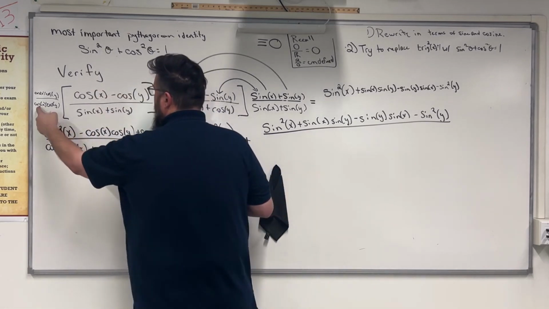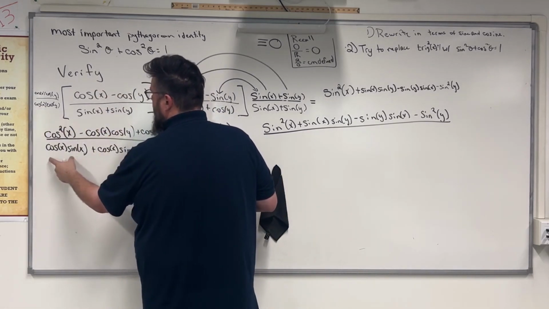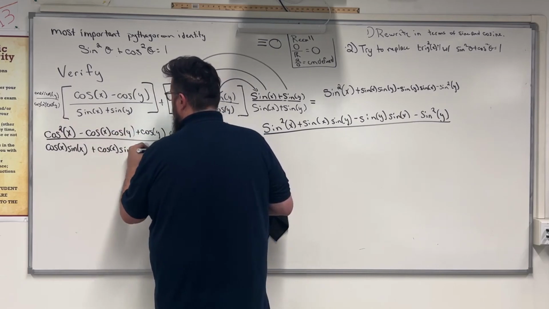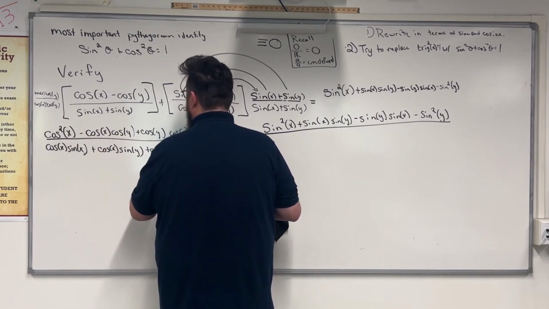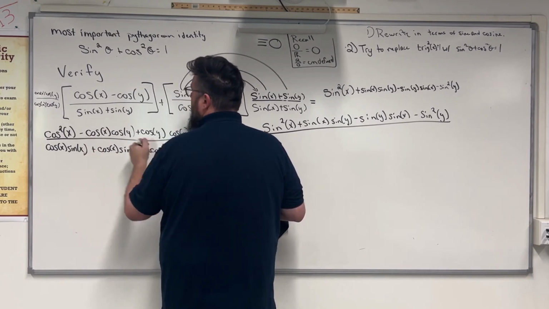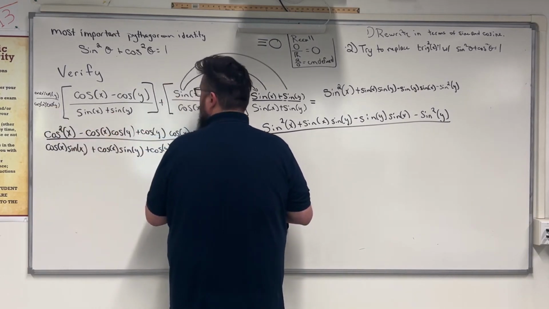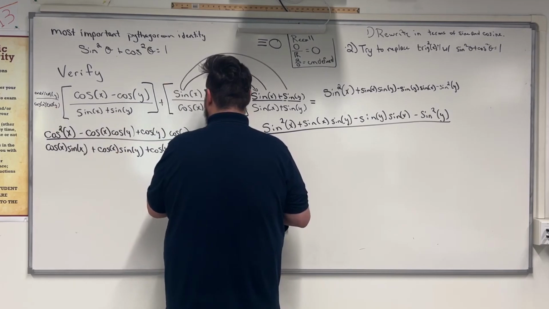And I've only done these first 2 distributions. Now I'm going to have plus cosine y times sine x plus cosine y sine y.